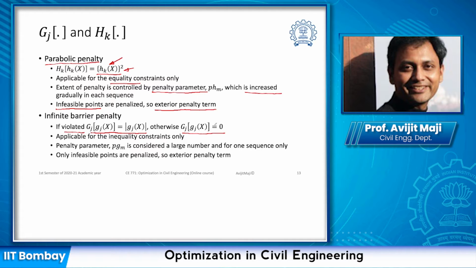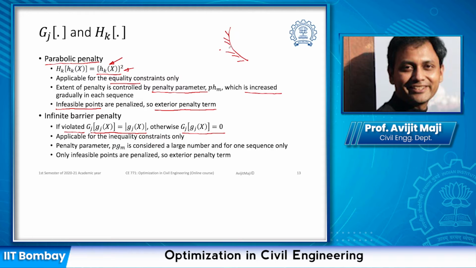So it is very clear: if we have an inequality constraint which looks like this, any point on this side is going to violate, we are going to have a value for that, and it depends on this value. If it violates to a higher extent, this penalty is going to be high.